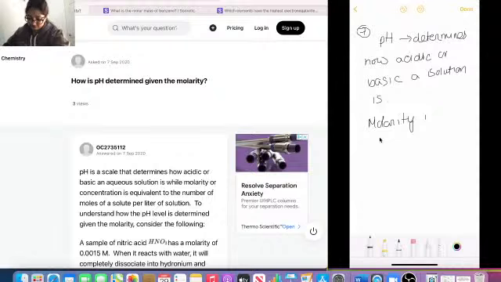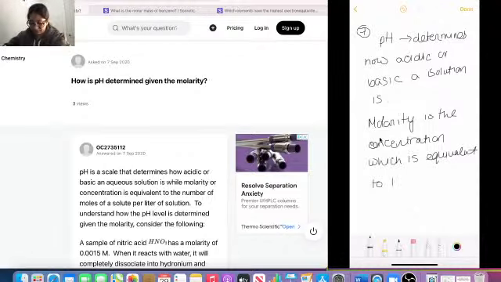So you can say molarity is the concentration, which is equivalent to the number of moles per liter of the solution.